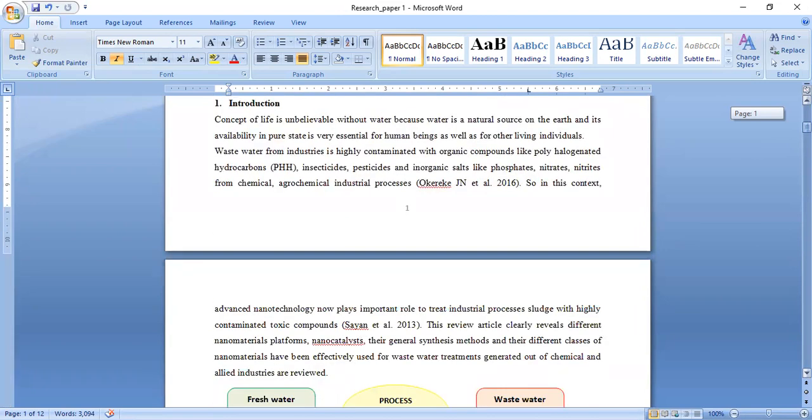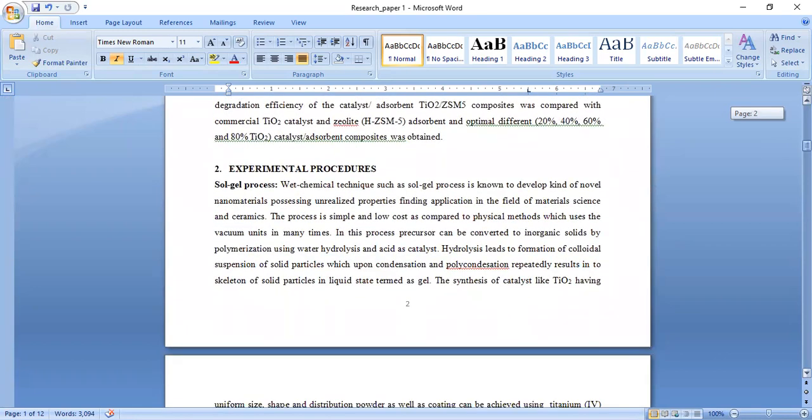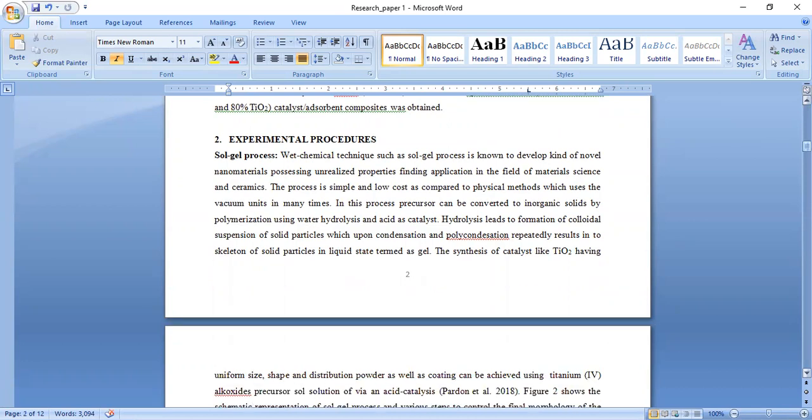So first attempt was made for the preparation of this catalyst and its characterization, and finally how it is effective in the results and discussion.